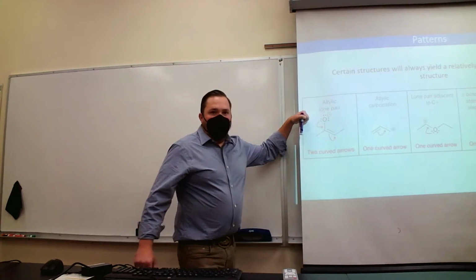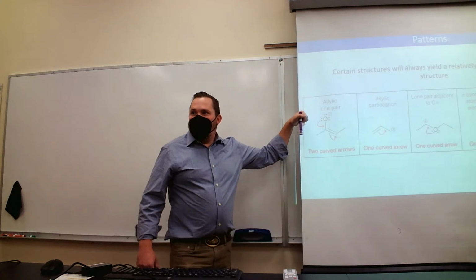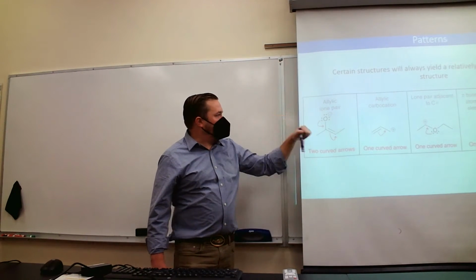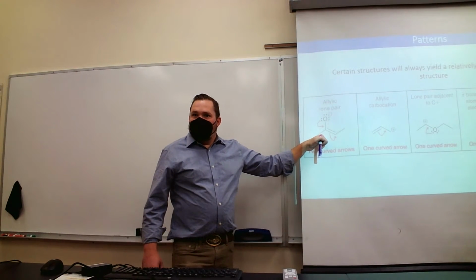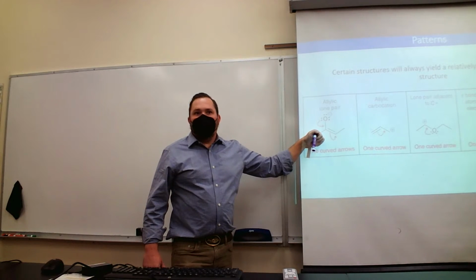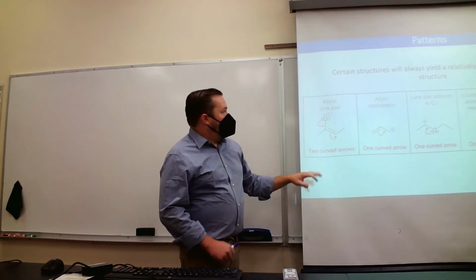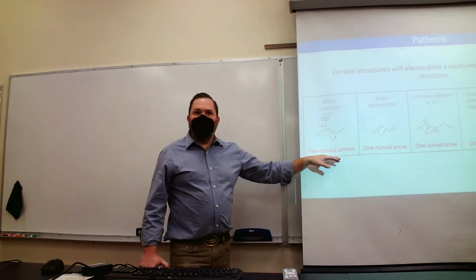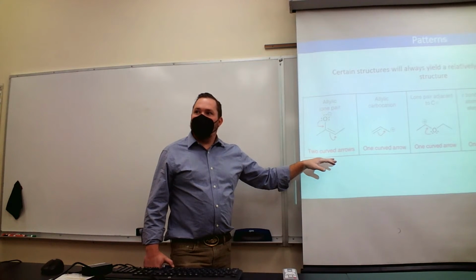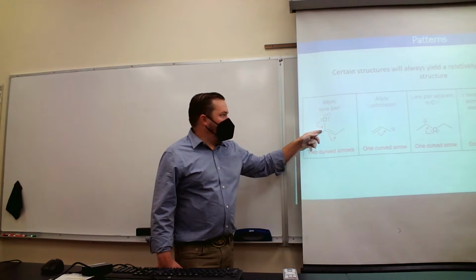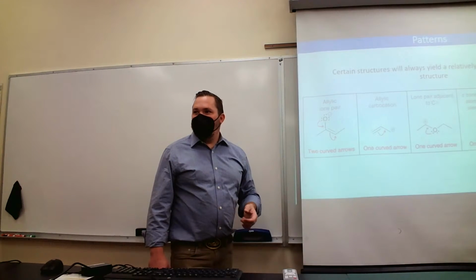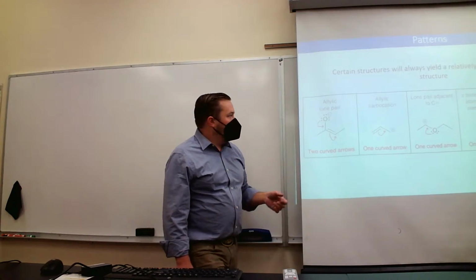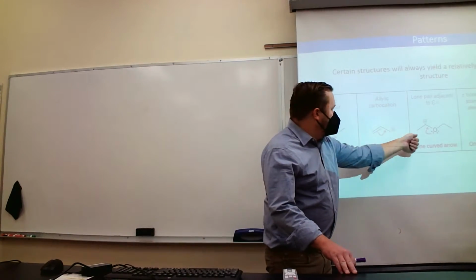So allylic lone pair is the one we were just looking at, right? Anytime you've got a lone pair next to a pi bond, there's another way you can rearrange that. And it's always going to take 2 arrows to do that, right? Because you've got to move the lone pair, and then you have to move the pi bond over too to make room. These carbocations are going to look really similar.